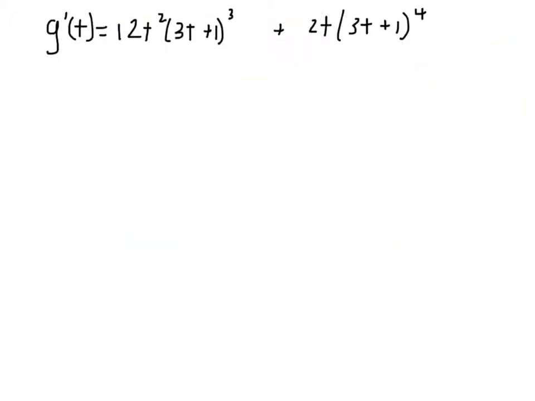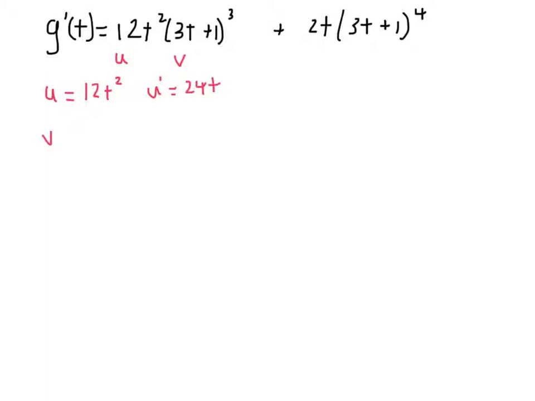So here's that first derivative again, g prime of t. Just copied it from the last slide. When we do these products, you know that we have been dividing these into two factors, u and v, and then using the product rule to get the derivative. So if I make u equal to 12t squared, the derivative of 12t squared is 24t.